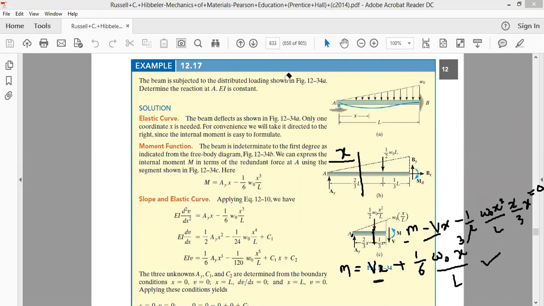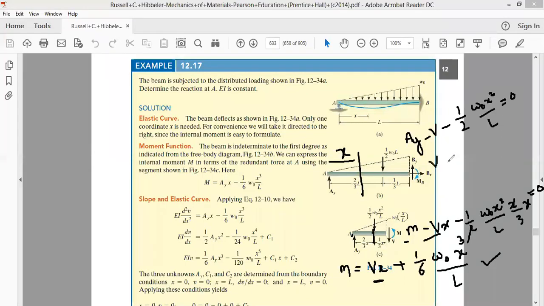Once we write the equation of equilibrium, AY is upwards, so we have to take AY also into consideration. V is downwards, so this is minus V, and minus 1/2 of W naught x square by L is equal to 0 in the equation of equilibrium.